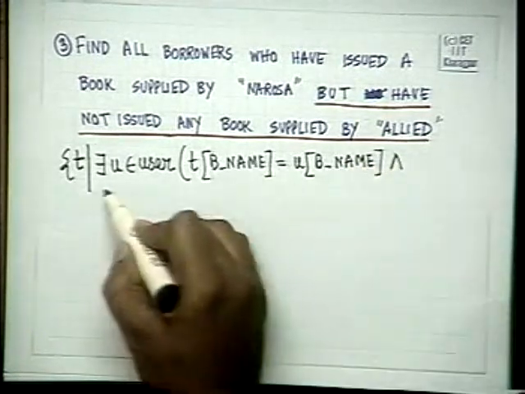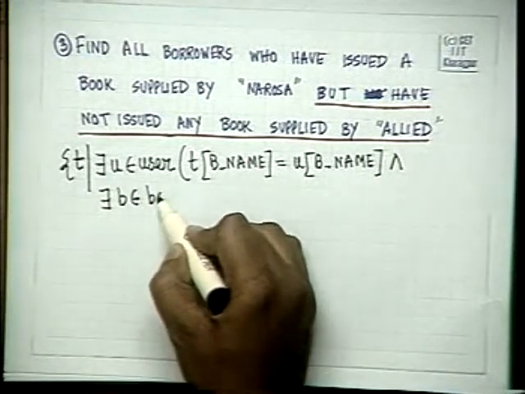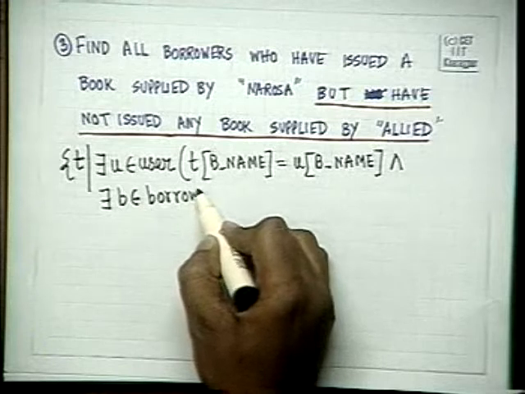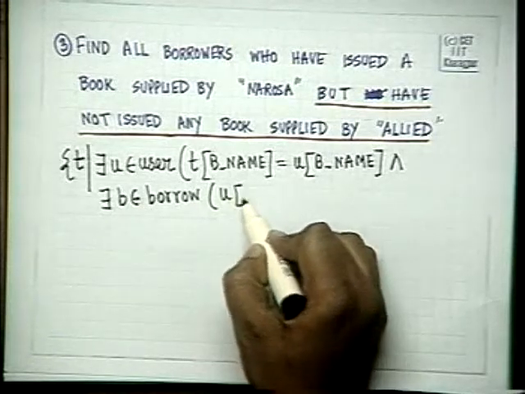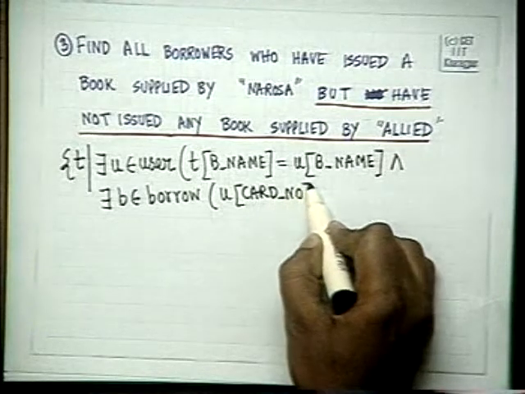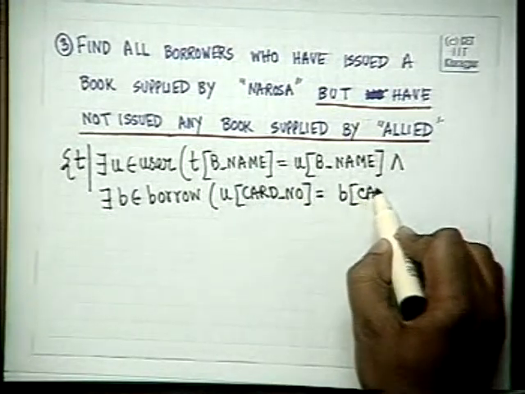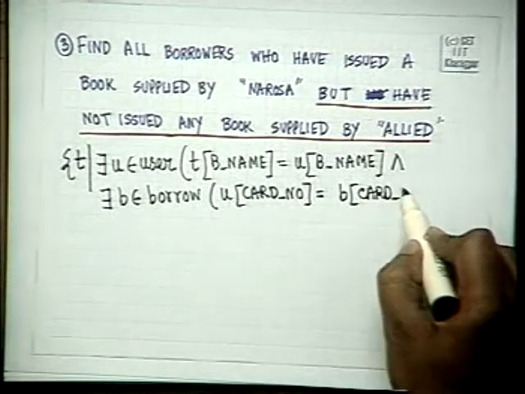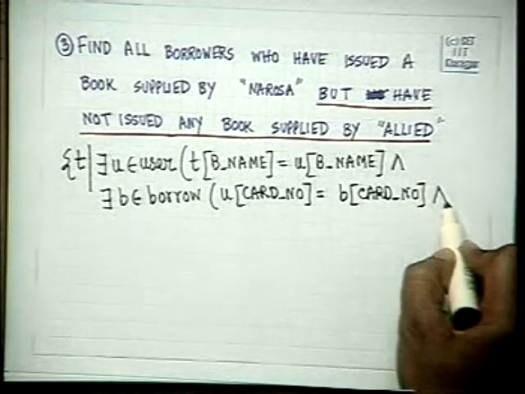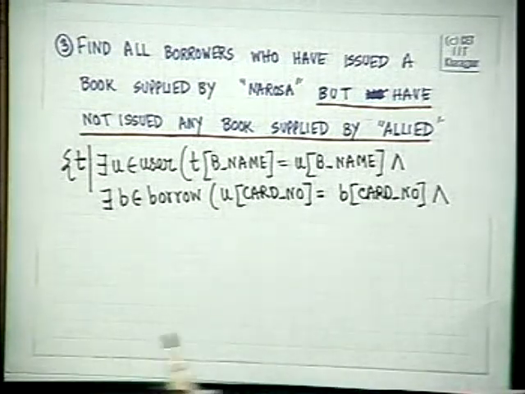and there must exist B element of borrow such that U of card number is equal to B of card number, and now there must exist two things.